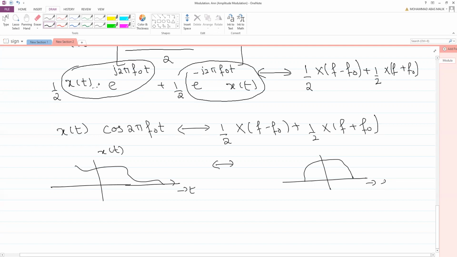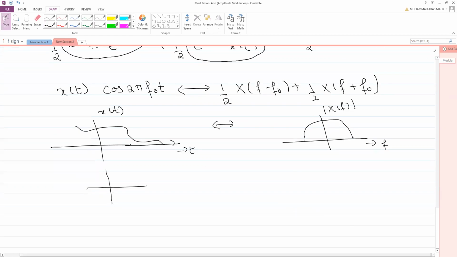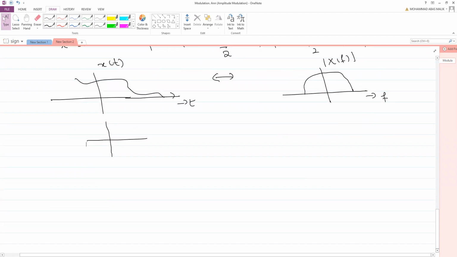So this will be your f and this will be X(f), obviously its magnitude spectrum. Similarly for the cos signal, you can draw its graph like this.